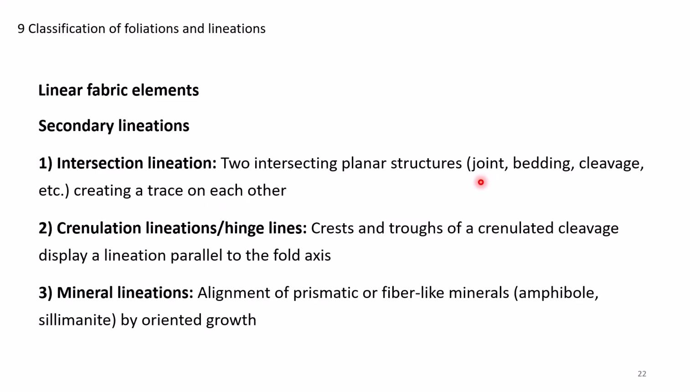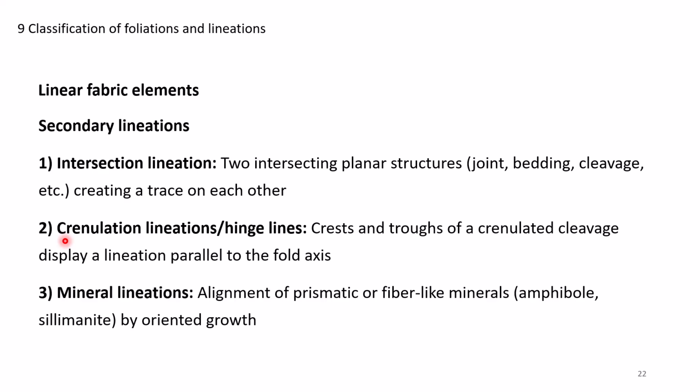So joints, for instance, will show the trace of a foliation that on this joint surface looks like a linear structure, but it is actually only the intersection trace of another planar surface. Bedding also would form a trace on a cleavage plane or on a joint, or two intersecting cleavages might form intersection lineations. So intersection lineations are simply the trace of one planar structure on another non-parallel oriented one.